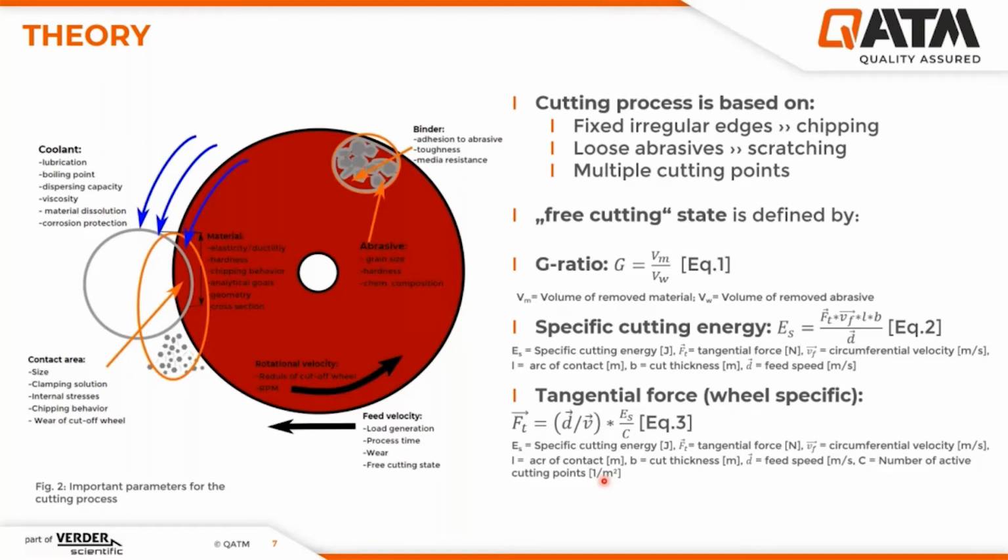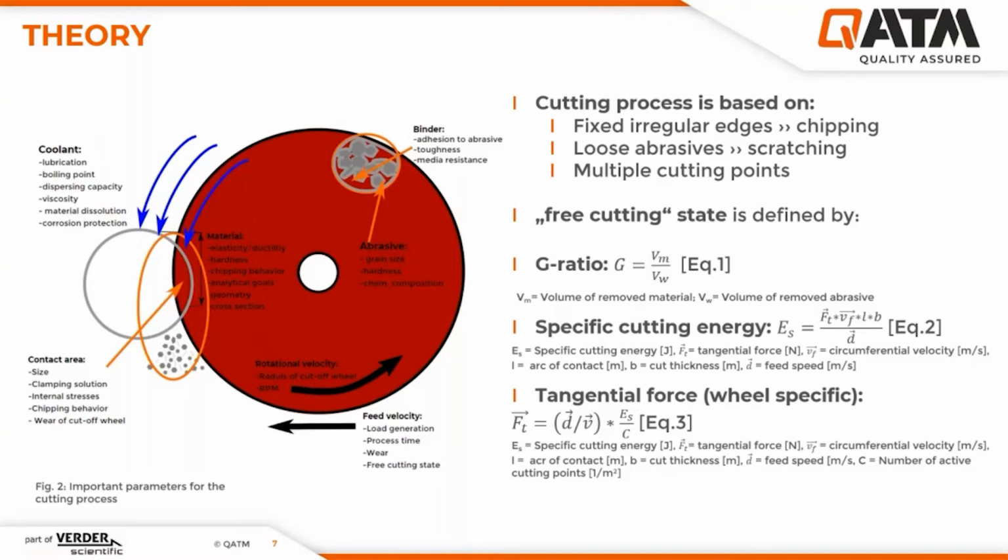This can be explained by the tangential force being a wheel-specific parameter, depending on the rotational speed of the cutoff wheel, which influences the viscoelastic properties of the binder material, and the feed speed on one hand, as well as the constant specific cutting energy and C, which is a quite important parameter because C equals the amount of active cutting points at a certain moment in time, which increases when we increase the feed rate, which then, of course, leads to a smaller G ratio.